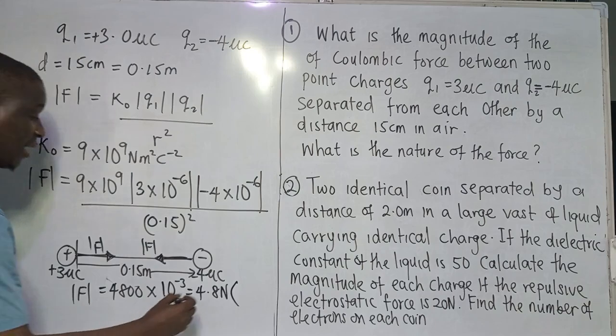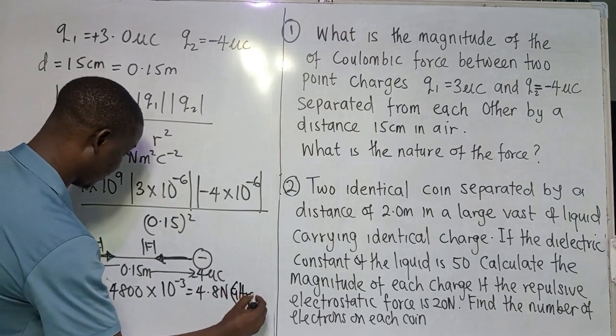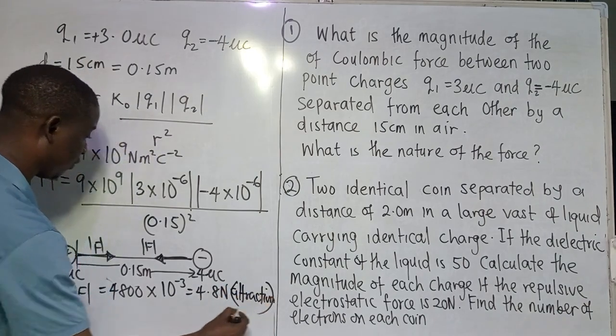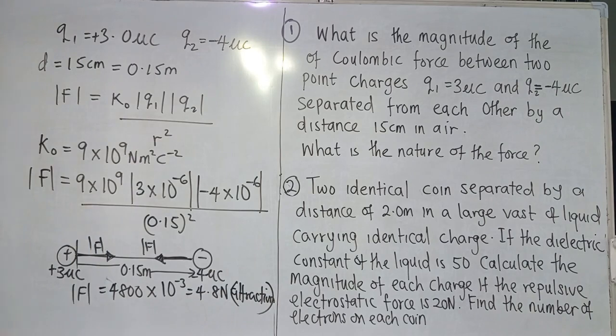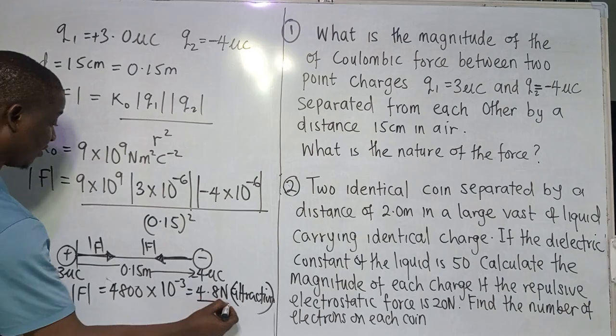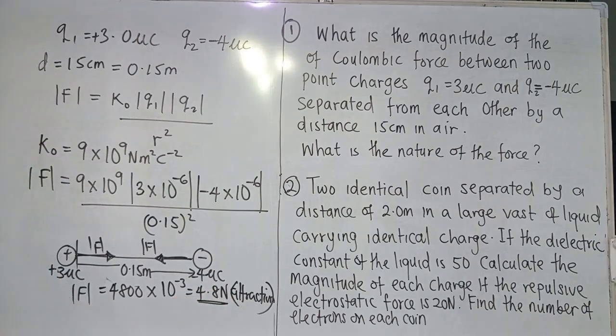And the force is a force of attraction. So that will be your answer, and the nature is an attractive force. Why is it attractive? Because unlike charges attract, while like charges repel. So that is the final answer for this one.